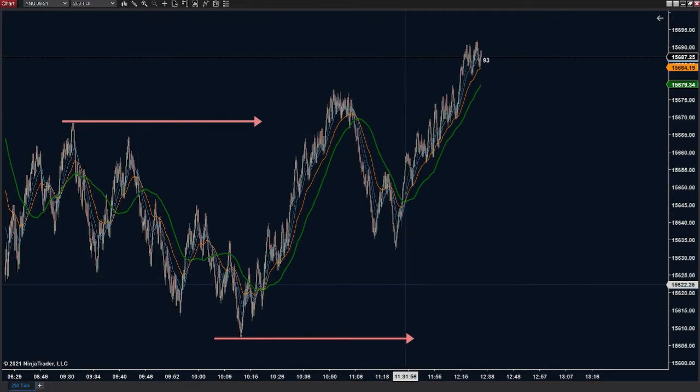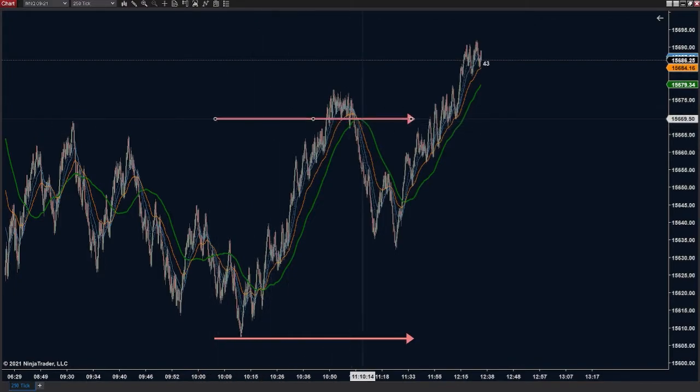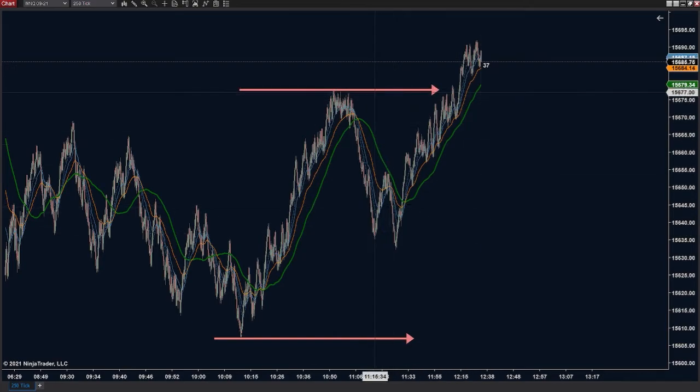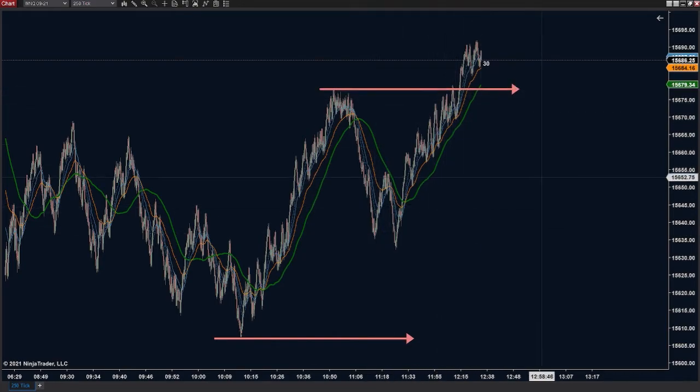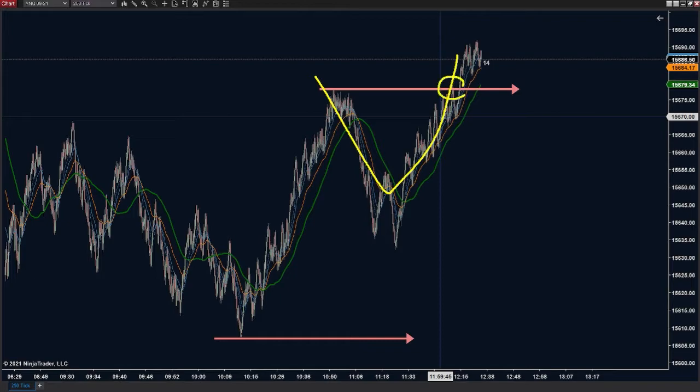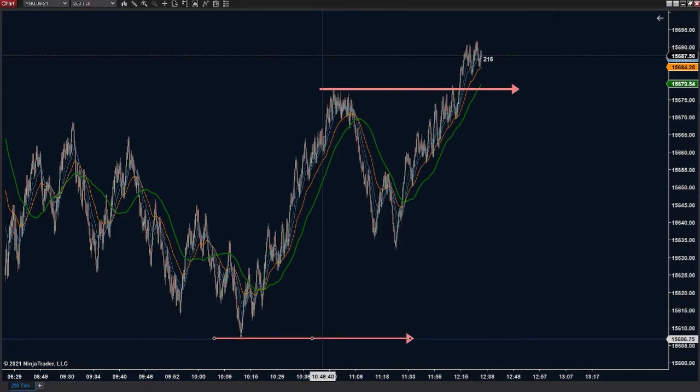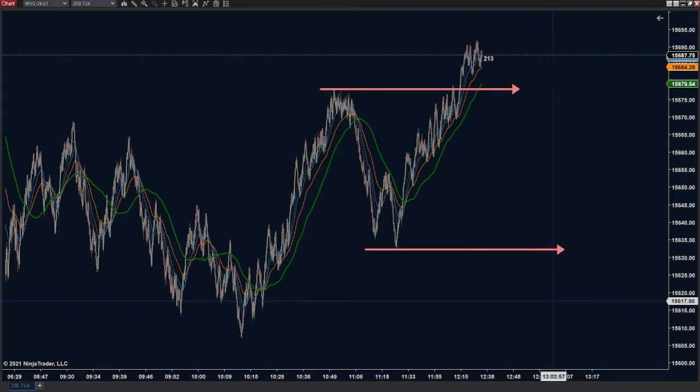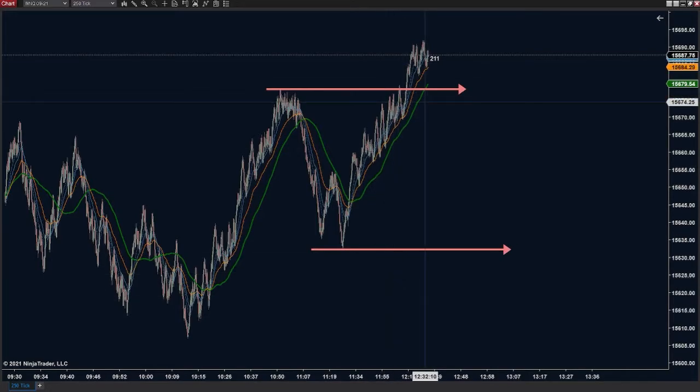This move higher broke all of this, so this is a new high, but it's not a confirmed high until we cross back above. Once it makes it back above, this is a confirmed swing high, and that also means this is a confirmed swing low, and then we can narrow this up. So this low would now move up to here, and these would be the confirmed swings that we're on at the moment.